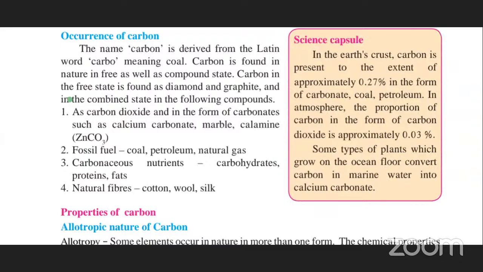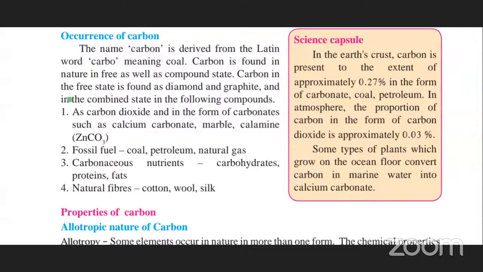Also there are other compounds of carbon like coal, petroleum, and natural gas. Our body also contains many compounds, and those compounds are mainly made up of carbon, like carbohydrates, proteins, fats, DNA, RNA, nucleic acids, amino acids, and various vitamins.